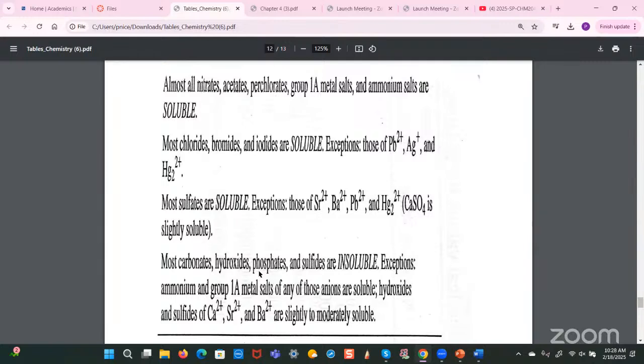It says most carbonates, hydroxides, phosphates, and sulfides are insoluble. There are certain exceptions, right? In the case of strontium, it says slightly to moderately soluble. I'll put that in the category of insoluble for the purposes of completing this assignment. So just put insoluble for strontium carbonate, all right?